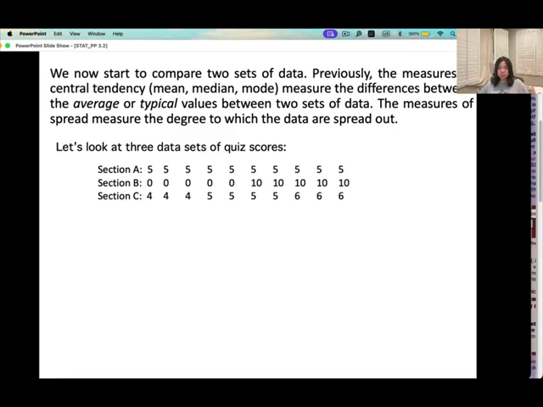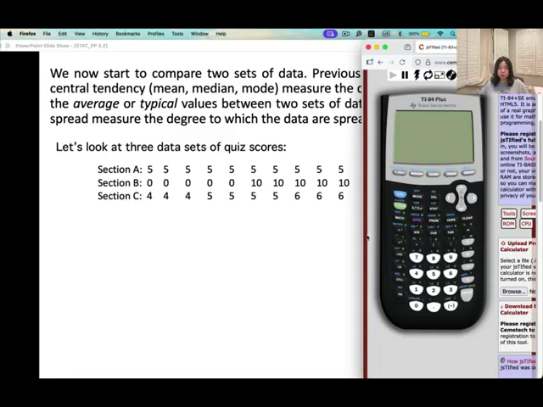Let's use the calculator. Okay, remember how to do it? Click on stat, click on number 1, Edit. On L1, we're going to plug in session A. We have 1, 2, 3, 4, 5, 6, 7, 8, 9, 10. We have 10 data points, and all of them are going to be 5. Okay, 10 data points.